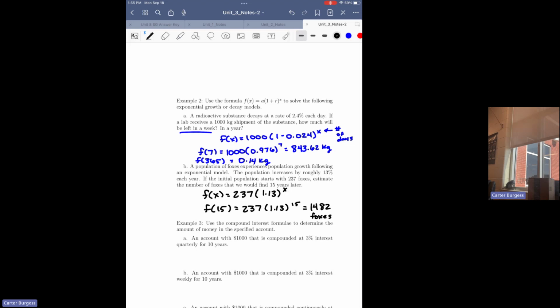Domain, is there anything changing? Domain's just going to be infinity. Now, notably, a horizontal shift might change our domain, but in this case, because it's all real numbers, it doesn't actually change anything.